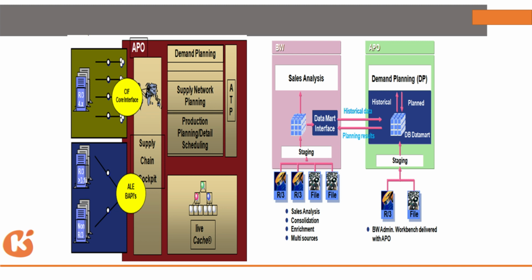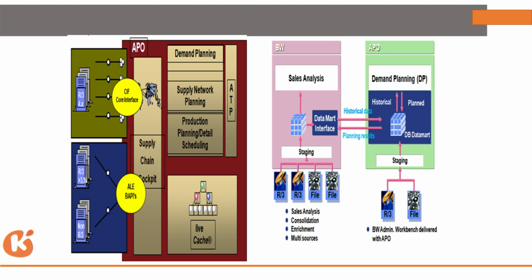We are going to generate a forecast based on the sales history data. Normally the sales history data is available in the SAP R3 system. In the SAP R3 system, as we have seen yesterday, we can have sales orders, deliveries, and invoices in the SAP SD module. In the SAP SD module, they are going to create the sales invoice data.